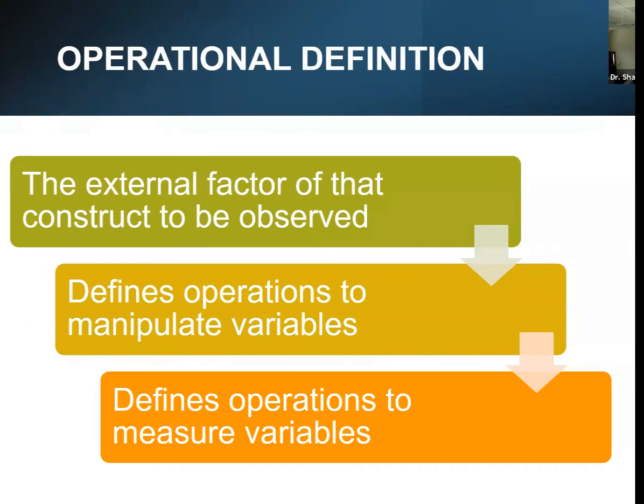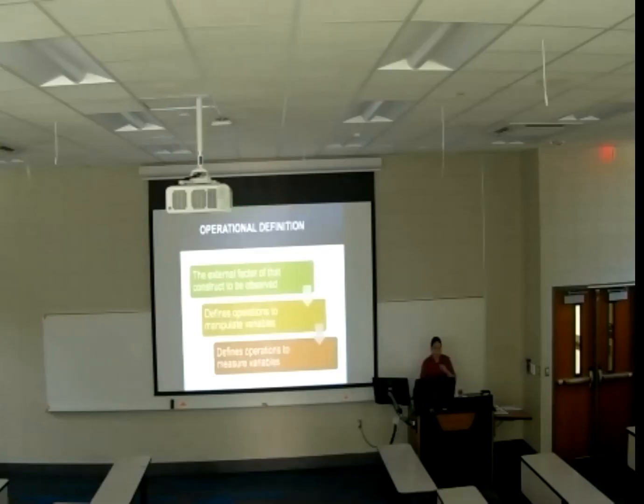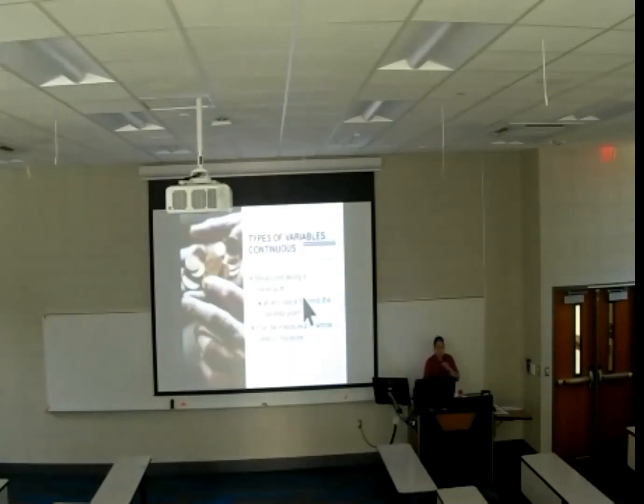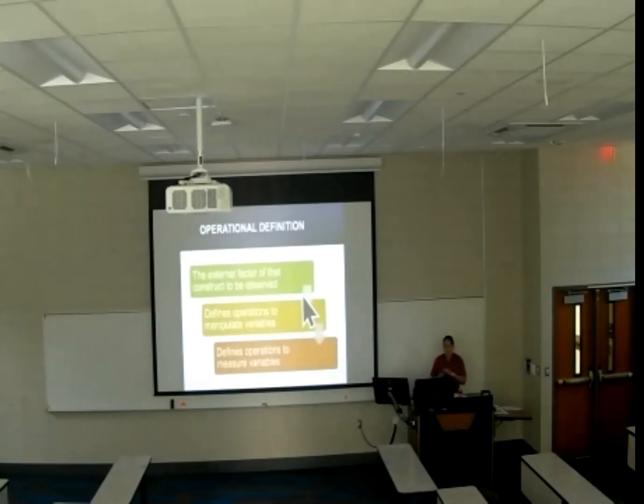Now, interestingly, we also have an operational definition. What we mean by that is how these external factors, for example hunger, anger, love, sadness, we're going to take this construct and actually define that operation.